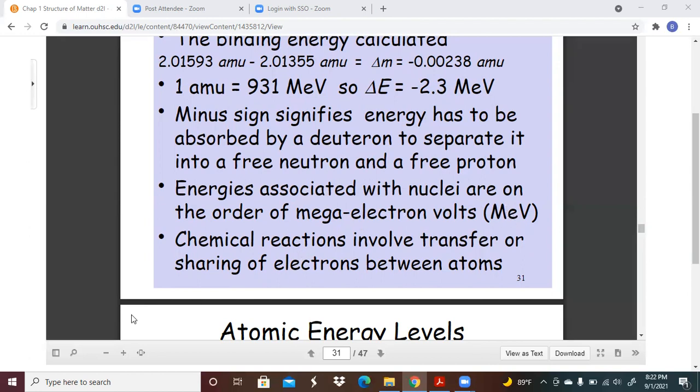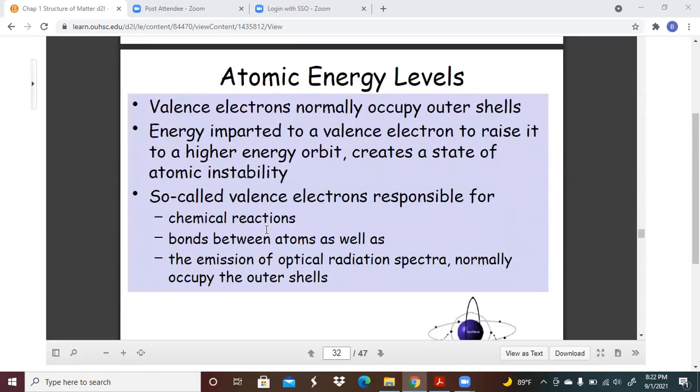Chemical reactions involve transfer or sharing of electrons between atoms. Valence electrons normally occupy outer shells. Energy imparted to a valence electron to raise it to a higher energy orbit creates a state of atomic instability.